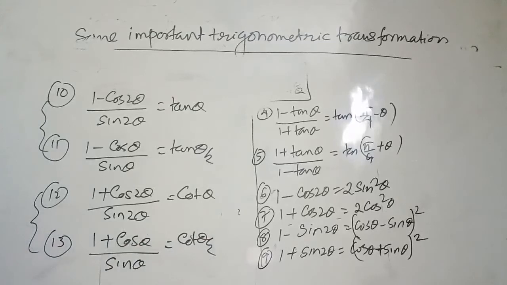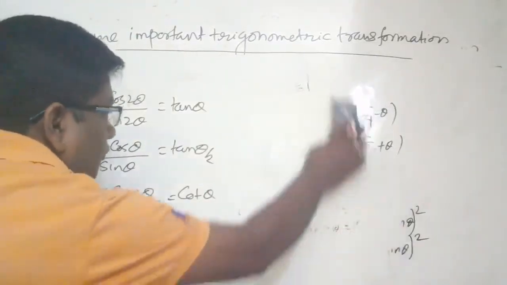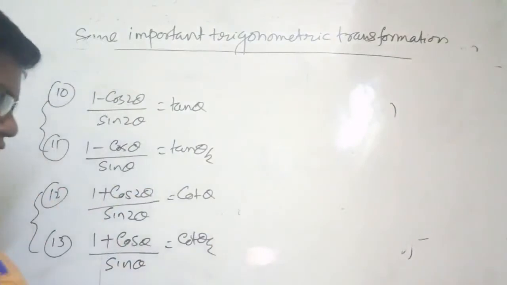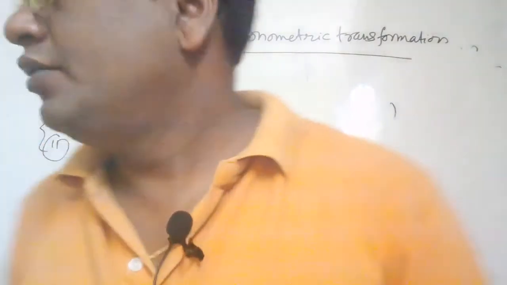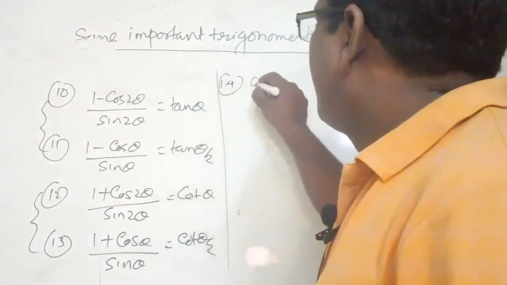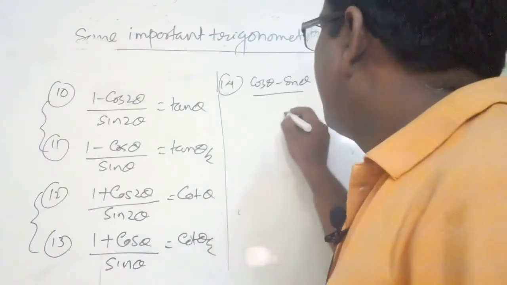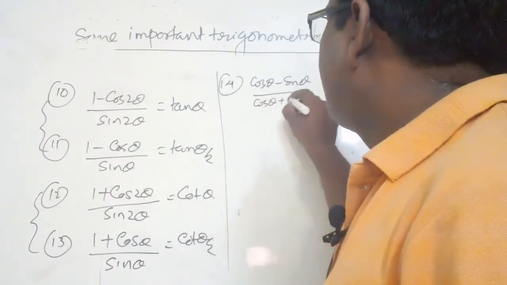Also the formula, this is 13 and 14 number: cos theta minus sin theta divided by cos theta plus sin theta.